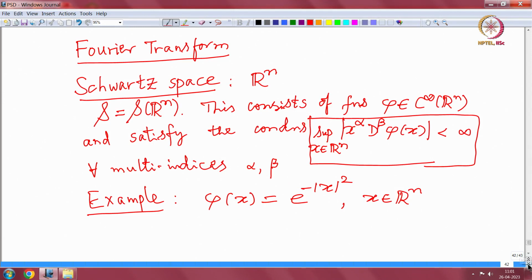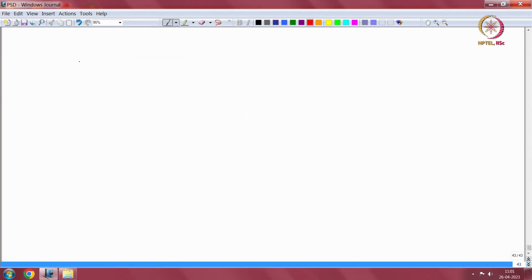It's very easy to verify that S is a linear space, a vector space. If you are used to this terminology, if you take complex valued functions, then S is a complex vector space. Otherwise, it's a real vector space.